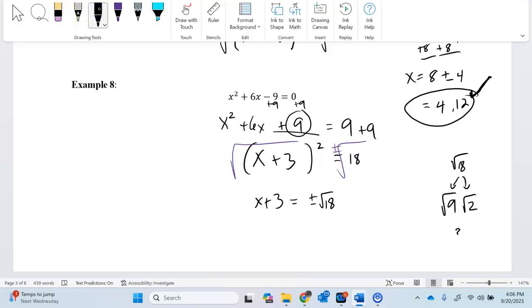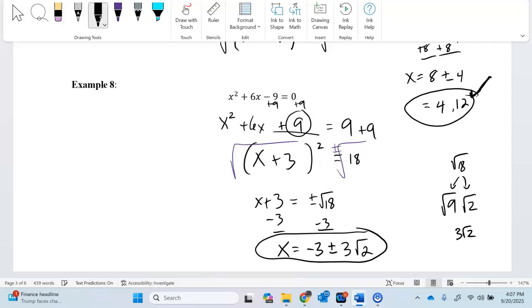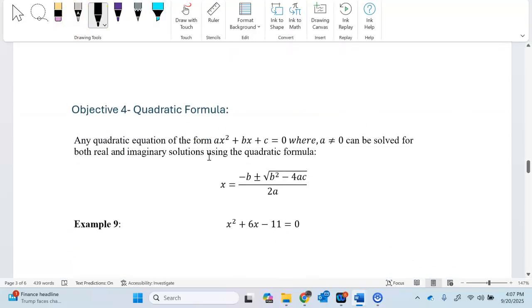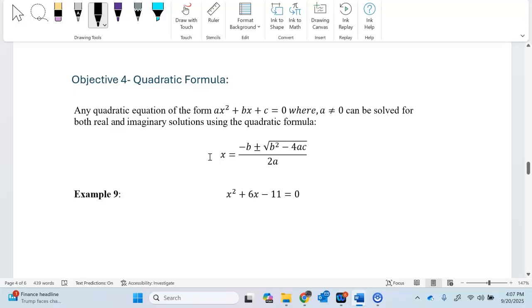So the square root of 18 is 3 root 2. All right. And then I'm one step away from the answer. Got to subtract 3 and just rewrite the root 18 how I like it. So I get x equals negative 3 plus or minus 3 root 2. Next up, one more method, the quadratic formula.